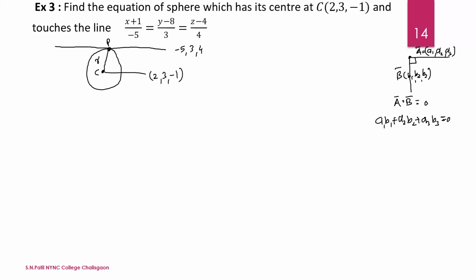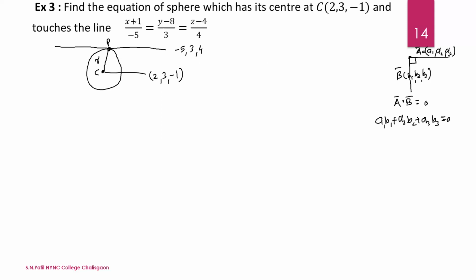These components are nothing but the DRs of the line and the DRs of CP. So here we have the DRs of the given symmetrical line, -5, 3 and 4, and we just need to find the DRs of CP.